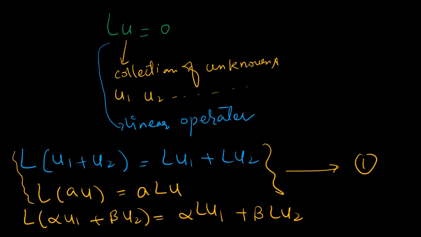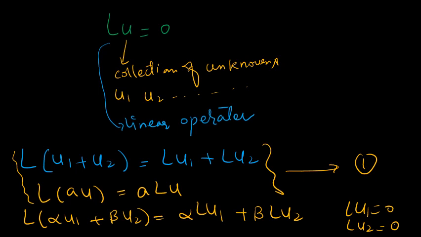So whenever you apply any linear operator on alpha u1 plus beta u2, it should equal alpha Lu1 plus beta Lu2. It shows that if u1 is a solution, then Lu1 equals 0. If u2 is a solution, then Lu2 equals 0.